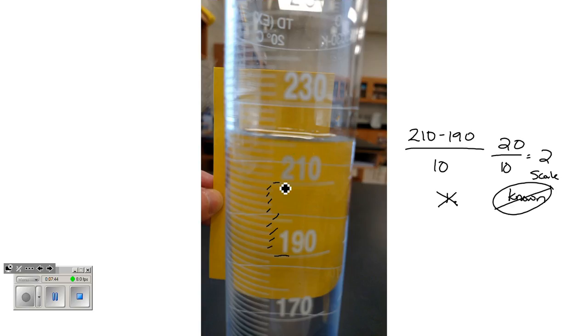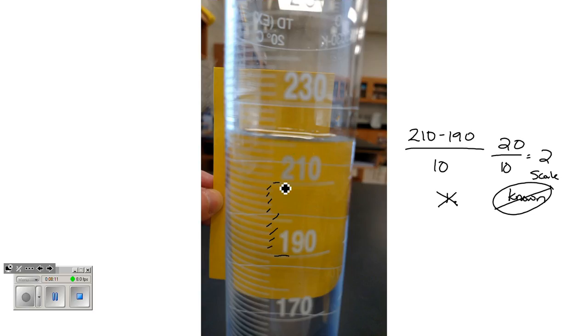Our known digits, because we don't have a mark for every single one, the 2 is in the ones place on a placeholder, and because we don't have a mark for every one, we cannot say that the known value is 1 milliliter. So really we go back to the thing that we do know, and what we do know is the tens place. We know that this has a mark for every 10 milliliters.